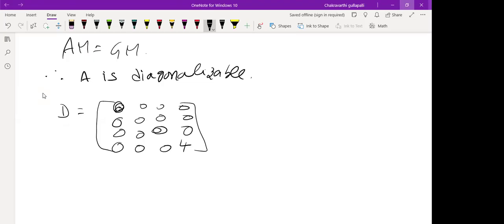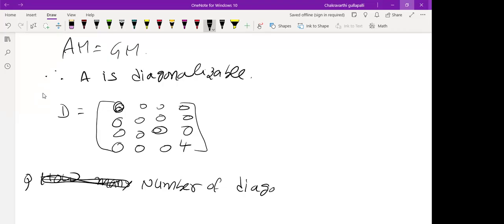This is the diagonal form of the matrix. Now, is it diagonalizable or not? Yes, and the diagonal form is this. Suppose a question is given: how many diagonal forms are there corresponding to A?